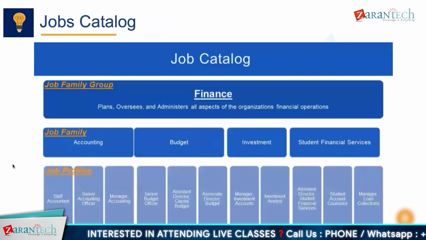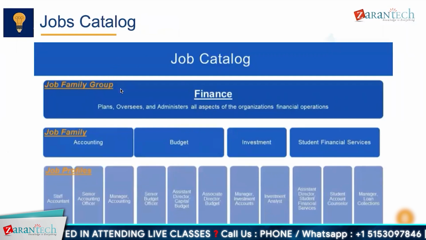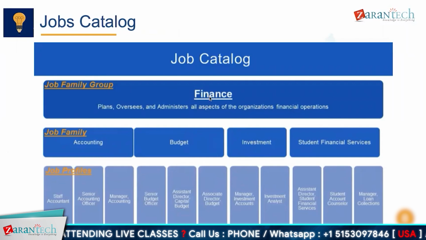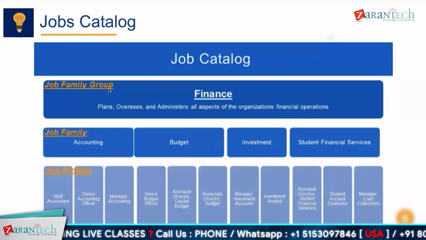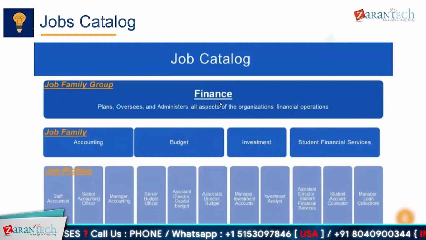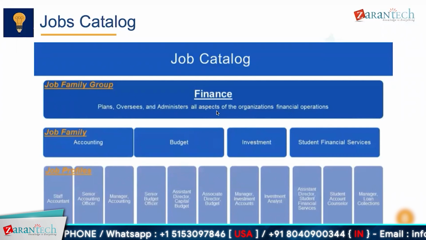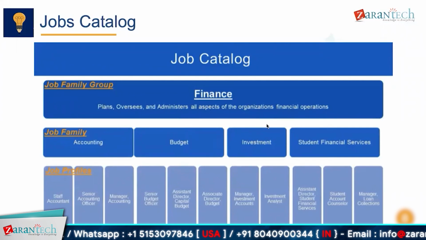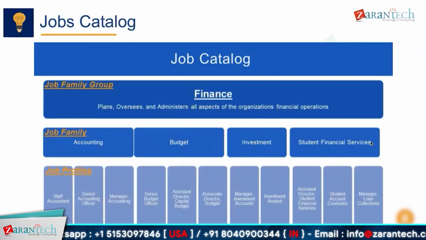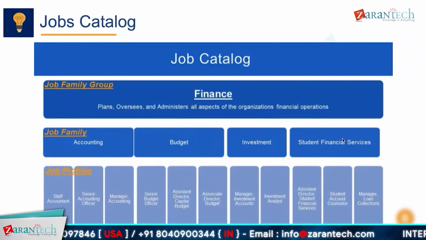This is again a further explanation of the same thing, and over here we are checking with respect to finance. So the family group is finance. And what's the purpose of finance? It is about planning, overseeing and administering all aspects of the organization's financial operations. Then we have different families: accounting, budget, investment, and financial services.